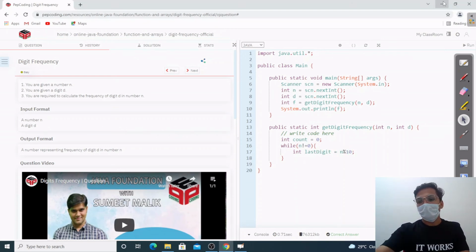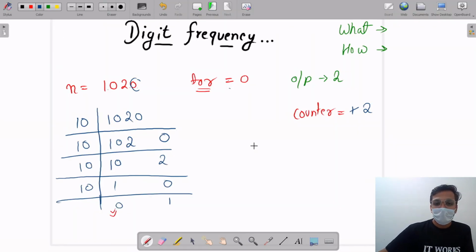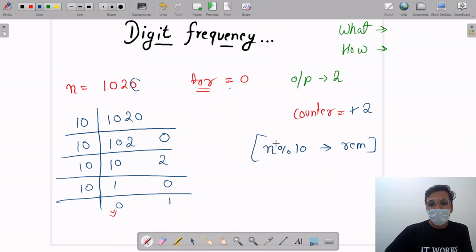The remainder of any number is calculated when the number is divided by 10, so this expression gives us the remainder. Here, the remainder of 1020, when divided by 10, gives us the last digit as 0.